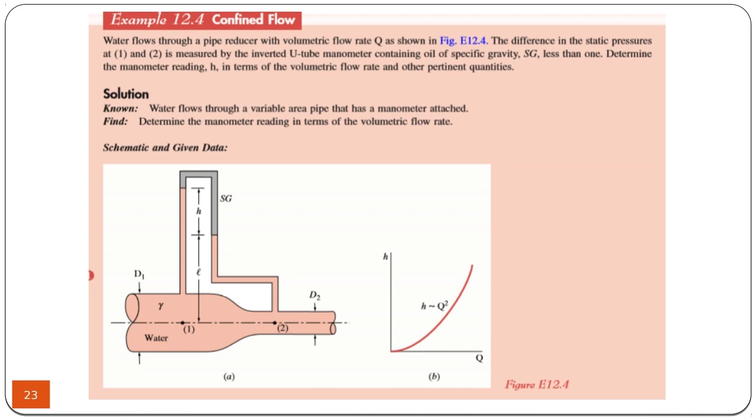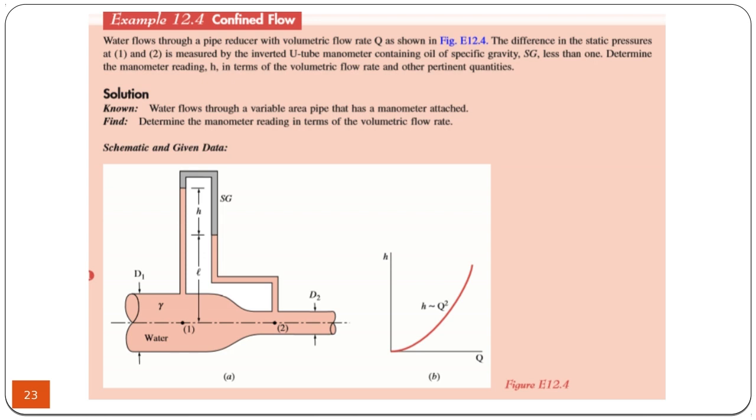In this example, a frictionless flow is taking place in a pipe reducer shown, and because of the reduction, because of Bernoulli's equation, you know that if the velocity increases, then pressure must drop.